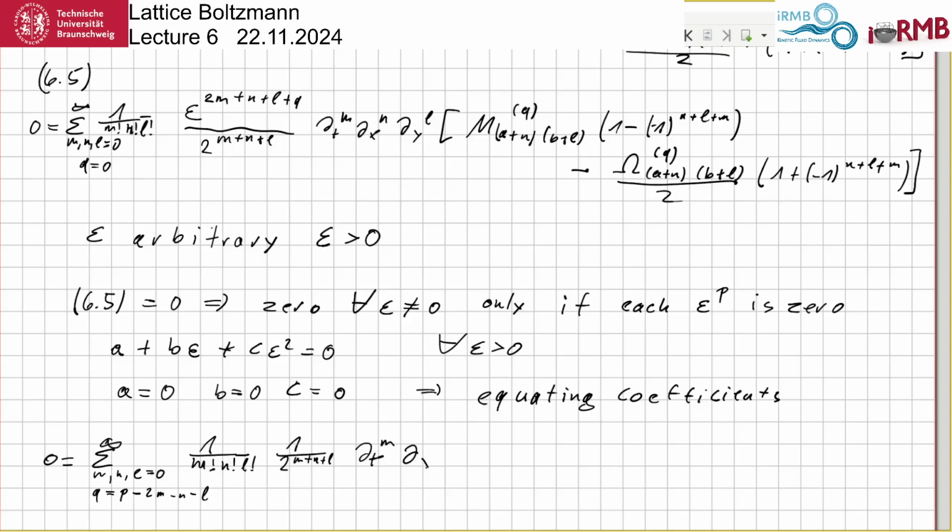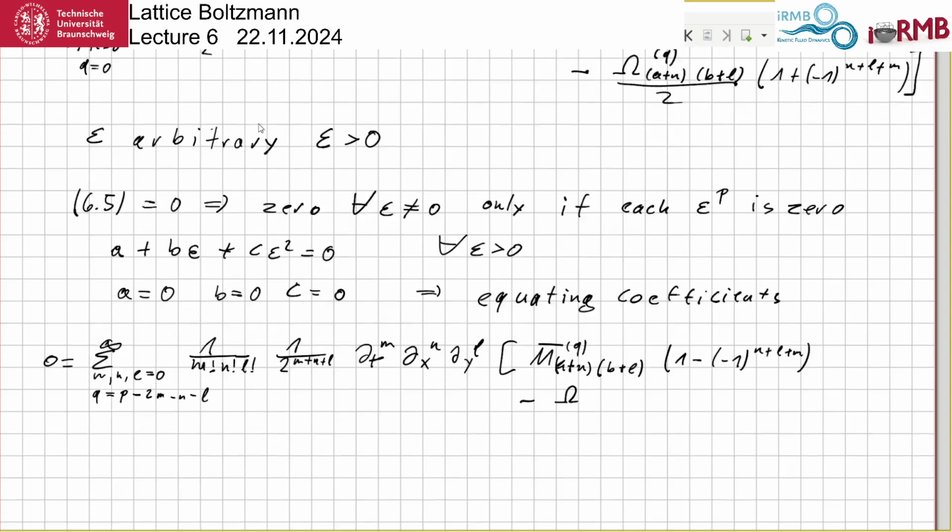The derivatives here, and then we have m plus n. So this is by the order q. This is b plus l, 1 minus 1 to the n plus l plus m, minus omega a plus n plus b plus l.